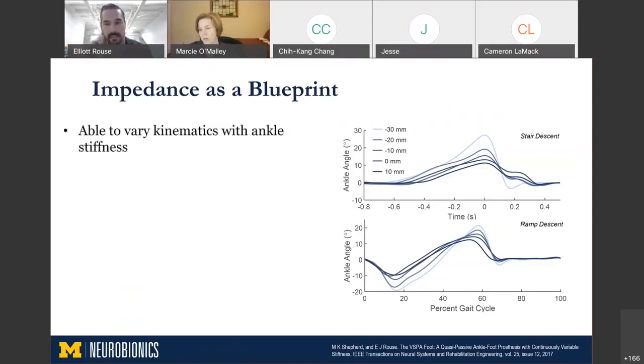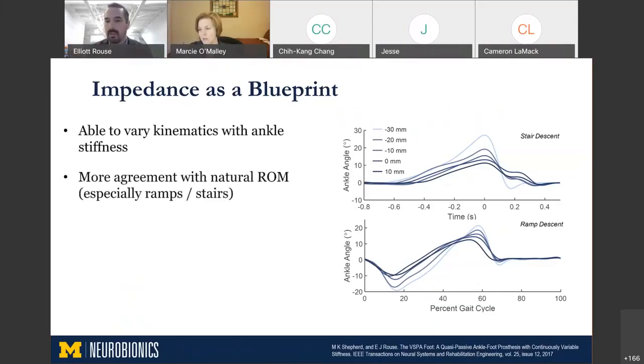What I'd like to highlight is that we were able to vary kinematics by changing ankle stiffness, and that we were able to show a much more natural agreement with the range of motion of healthy biomechanics, in part because we can make this foot much less stiff than conventional prostheses, which are quite stiff and have a very constrained range of motion. Something I'm excited about that I mentioned earlier is that we're translating this out of the lab and it's being commercialized by a company called Willowwood.